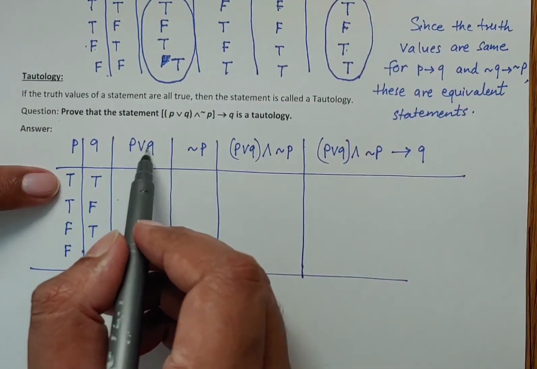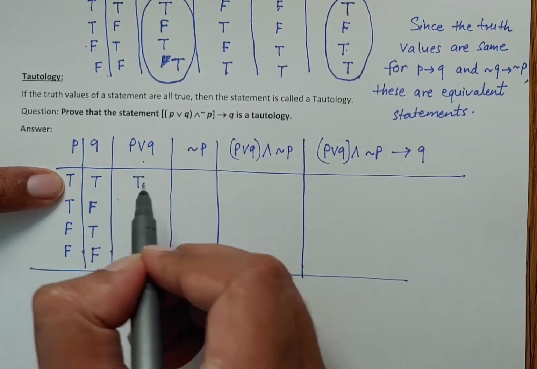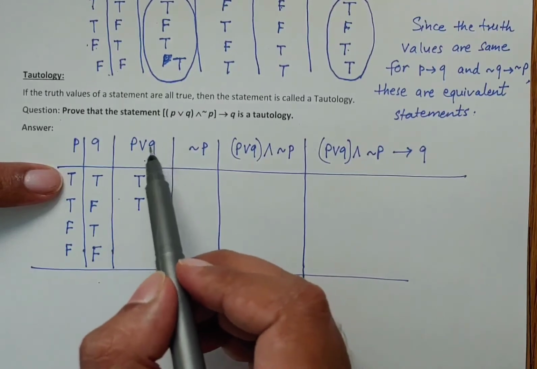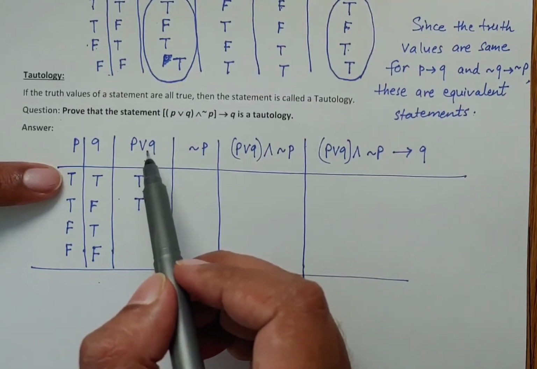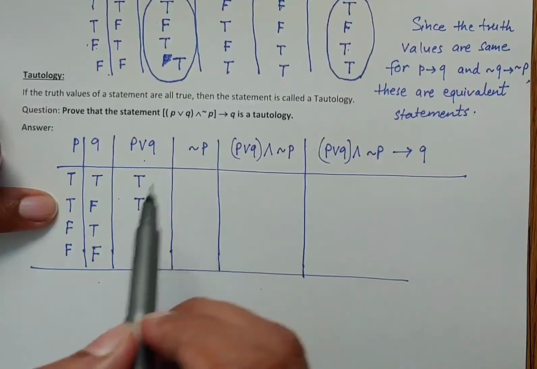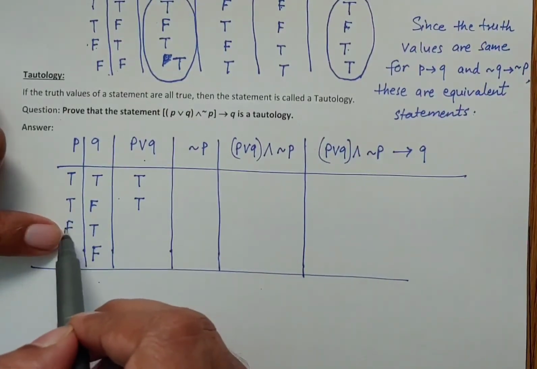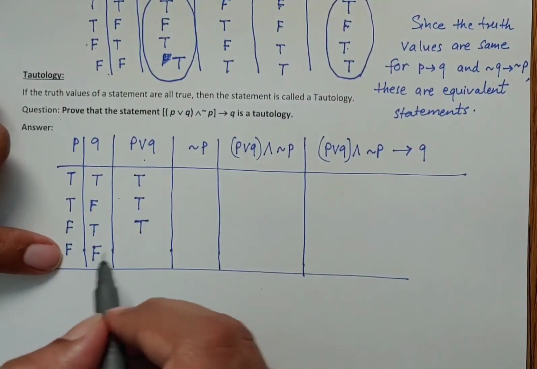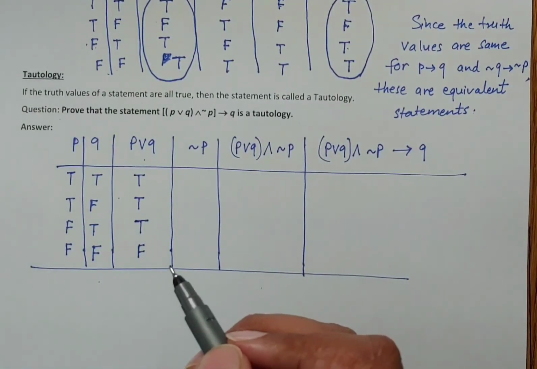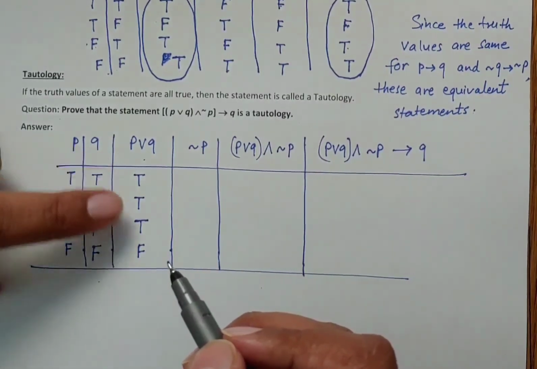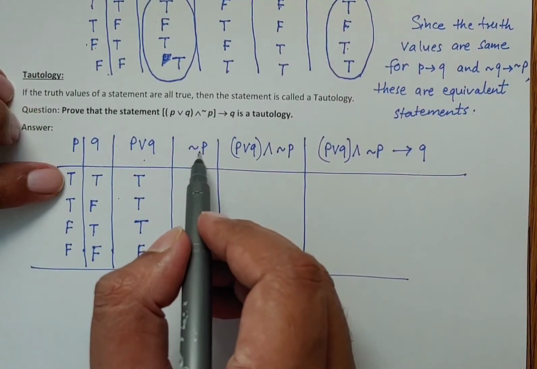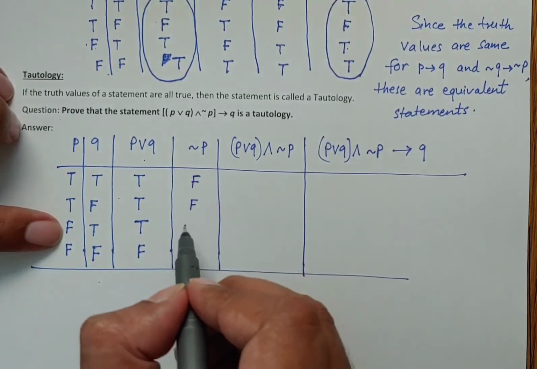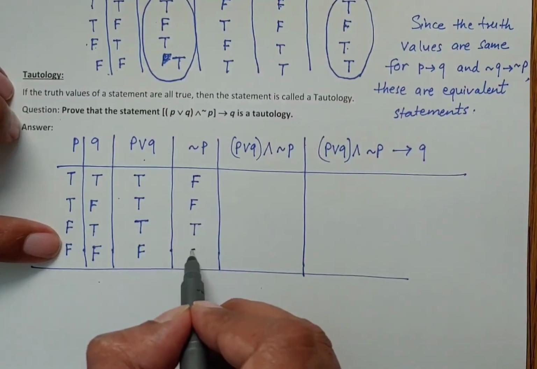Now P or Q: true, true, true, true, false, true. If you remember, the OR is true when at least one of them is true, right? So at least one is true, so true. So false, true is true, and false, false is false. So this is true, true, true, false. Negation of P is false, false, true, true.